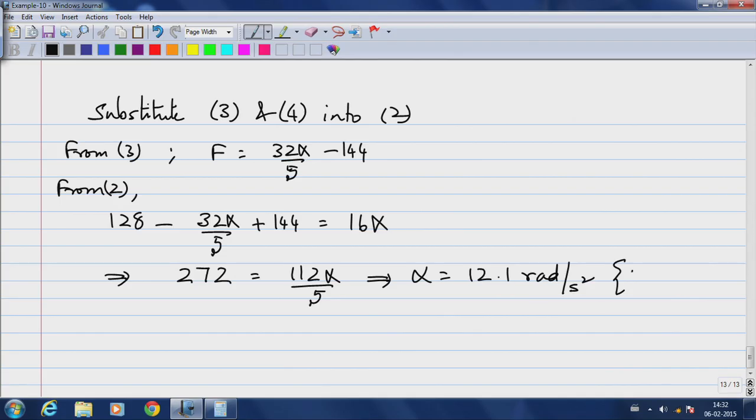So, this is if no slip, let us be clear about that. But the value of f is what I am really interested in, which is 32 over 5 into 12.1 minus 144.